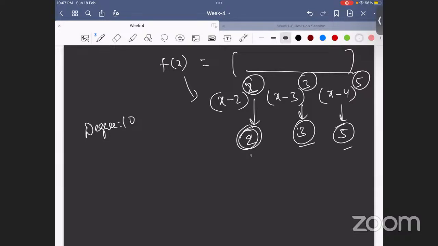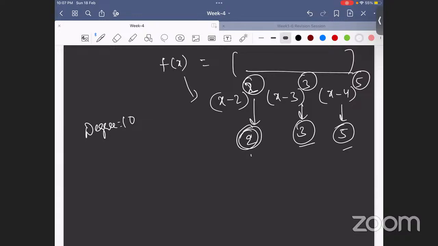But my question is, if multiplicity is odd, will the graph cut the origin, like 0, 0? You can't say that. There is a difference between cutting 0, 0 and cutting the x-axis. Cutting the x-axis means that point is a root, or the x-intercept.